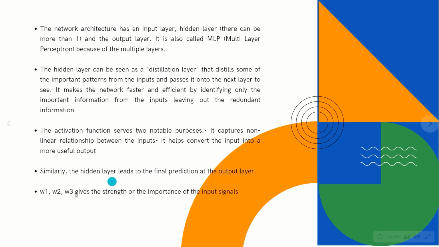And then there's the final prediction of the output layer. When we talk about weights, weights basically signify the strength or importance of an input signal. Every input signal might not have equal importance for your processing. So some input signals might be given more weight because they are more important.